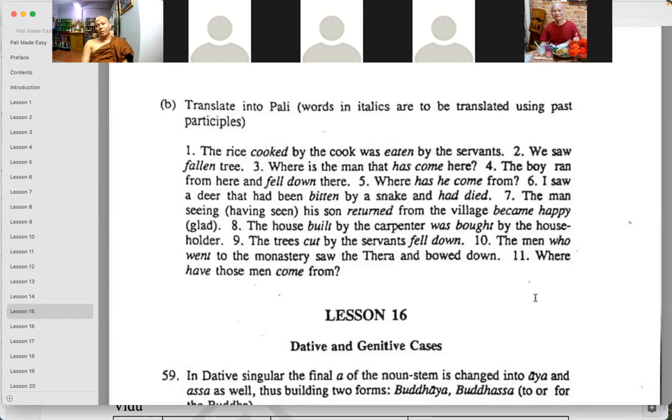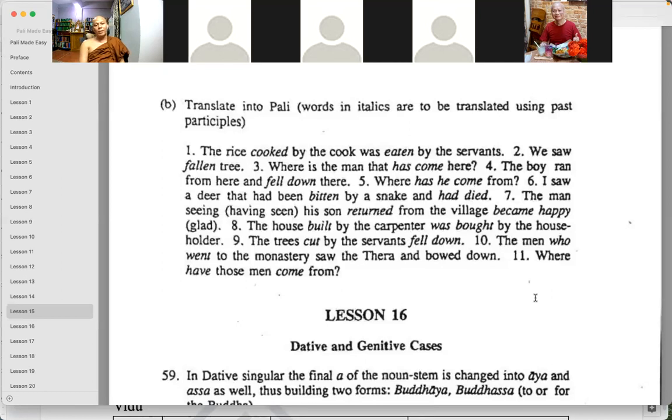So here the boy is kumara, the subject, right? So that is why kumaro. And ran from here and, so ran means dhavati, but because of and, it should be dhavitva, that is in the sense of having run. From here means ito. So kumaro ito dhavitva. Kumaro ito dhavitva.